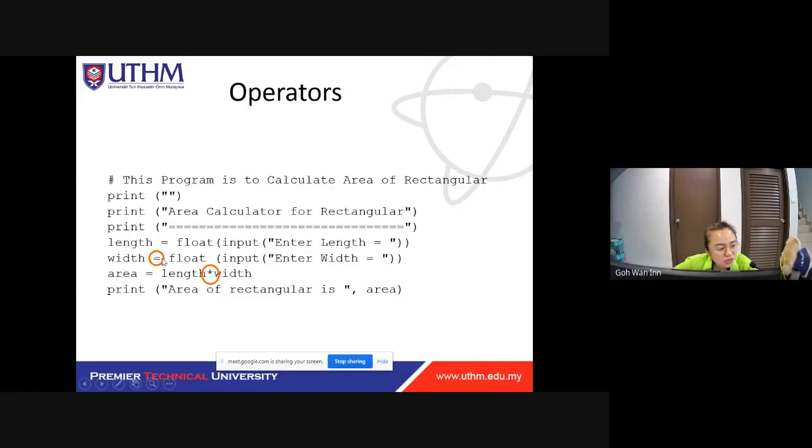You assign width equal to float, which is a decimal number with decimal points. And then you need to get it from the user, from the input that the user keys in. Input, enter width. So once the user keys in the width value, you will get it. Okay, so you assign it to the width. And then this is the operator from the arithmetic. Area is equal to length multiply width.